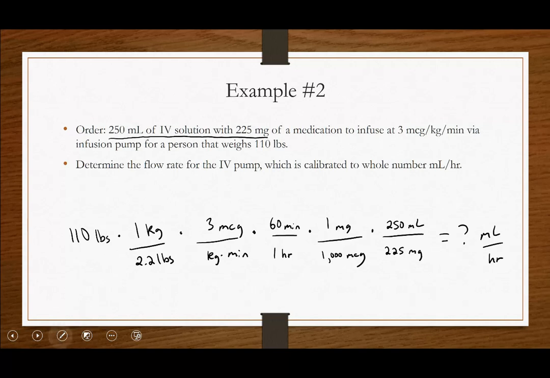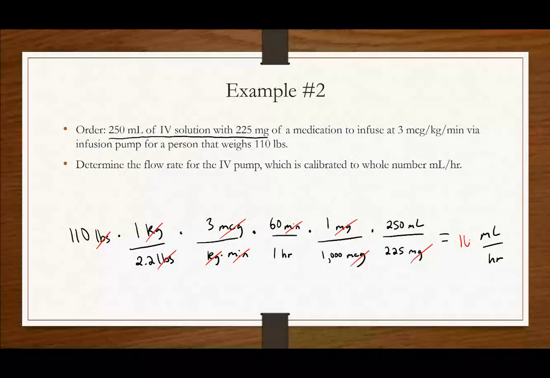So looking at the units here, now we can see that the cancellations that we want will occur such that we get the units that we desire. I'm left with milliliters per hour, and based on our computation here, if we use our calculator, we should end up here with 10 milliliters per hour for the final flow rate for the given pump.